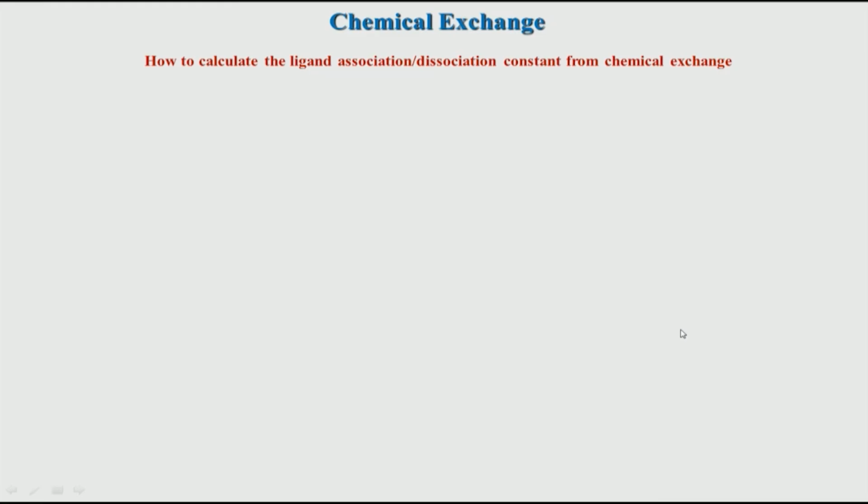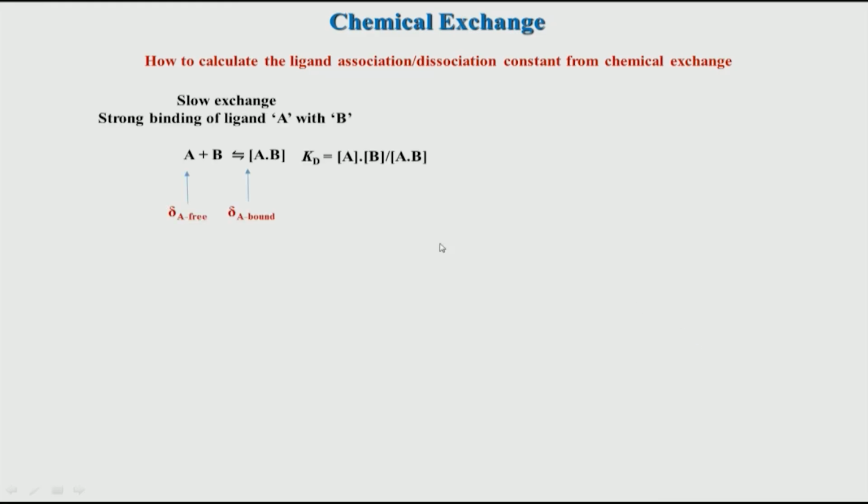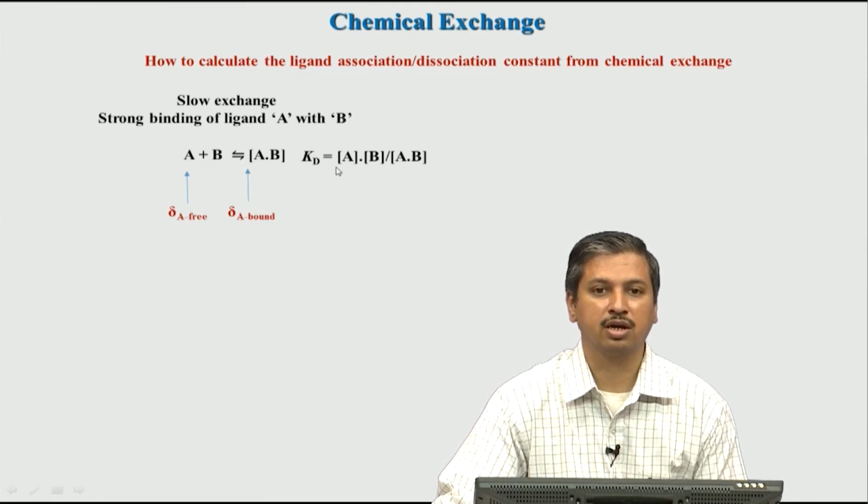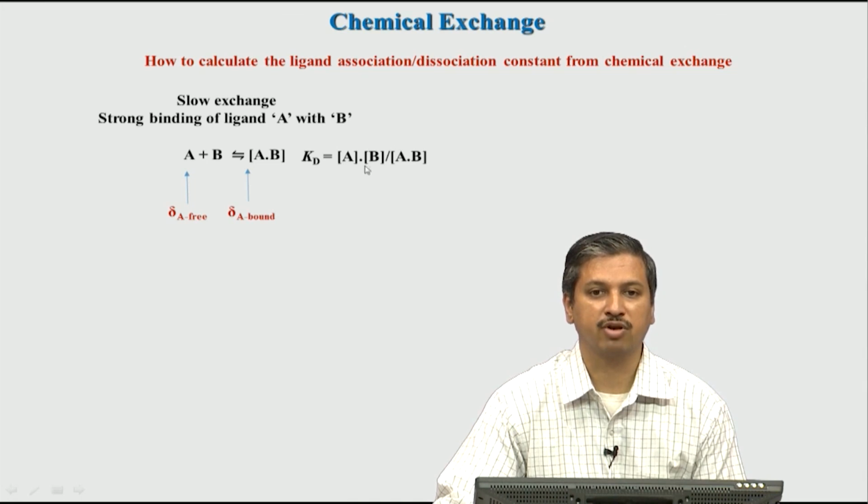How do I calculate the constant? Remember, our focus is to find out this dissociation constant. This is the binding affinity. So, if you are working on a drug-protein interaction or a ligand-protein interaction, one of the major goals in this exercise is to find out what is the affinity of the drug or substrate to the enzyme or the protein.